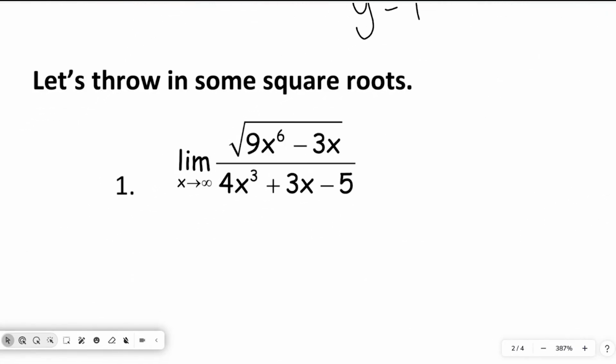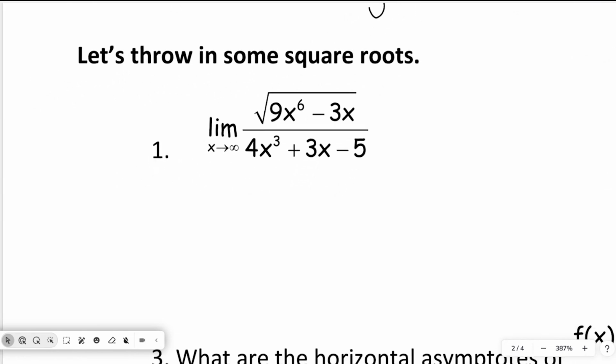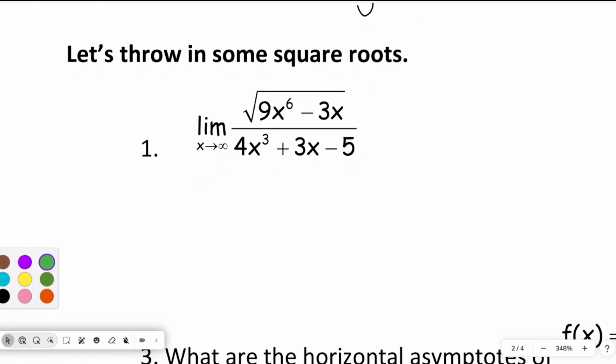All right. So here we're going to have to be a little trickier about what we do. Here on the numerator, underneath the square root, let's factor out a 9x to the 6th. So let's see what happens when we do that. So we'll factor out 9x to the 6th.